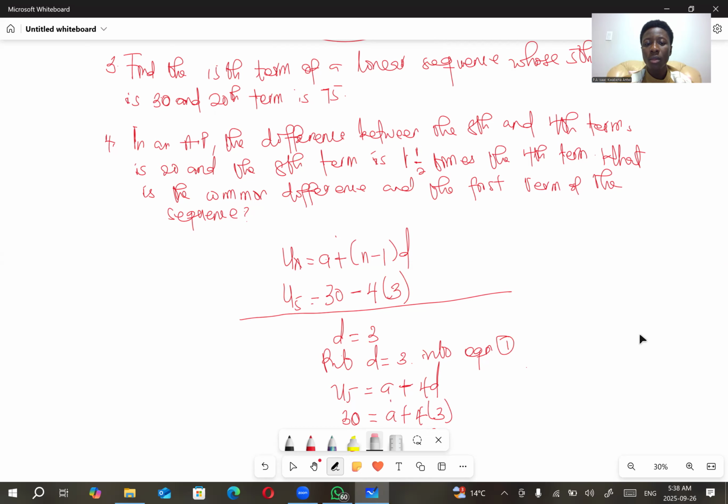In an AP, the difference between the 8th and the 4th term is 20, and the 8th term is 1 whole number 1 over 2 times the 4th term. What is the common difference and the first term of the sequence?